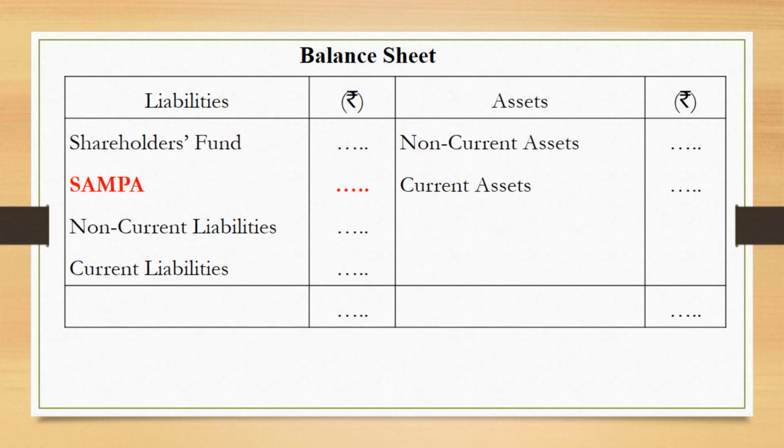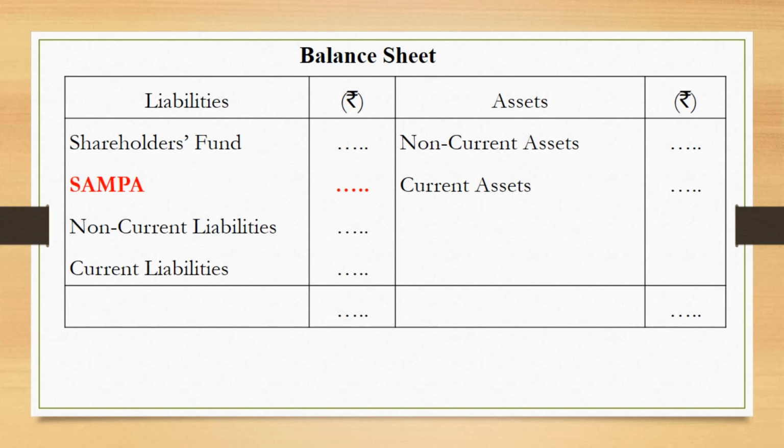We all know that on the equity and liability side, we have four major heads: shareholders' funds, SAMPA, non-current liabilities and current liabilities. And on the asset side, we have non-current assets and current assets.